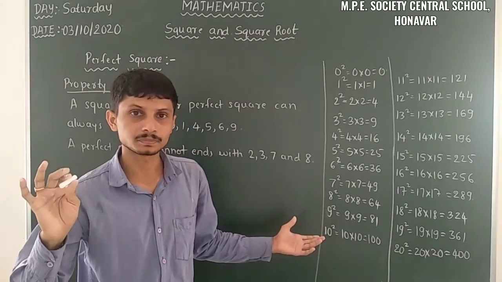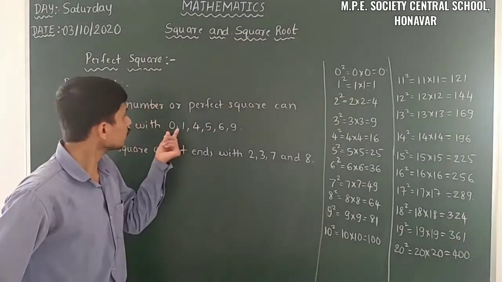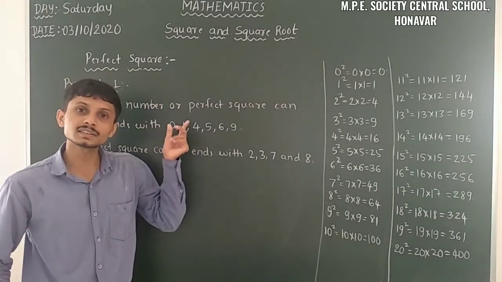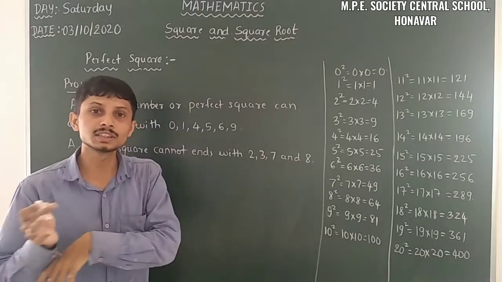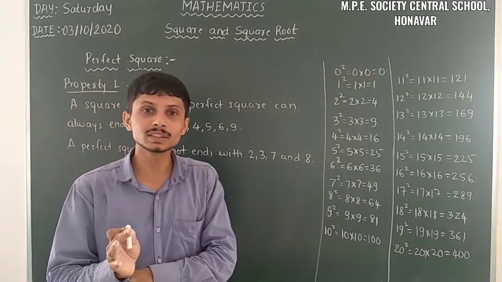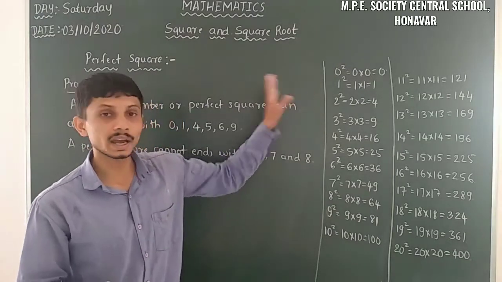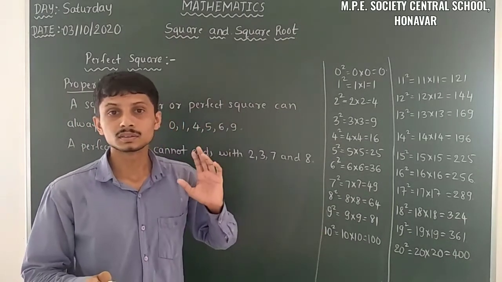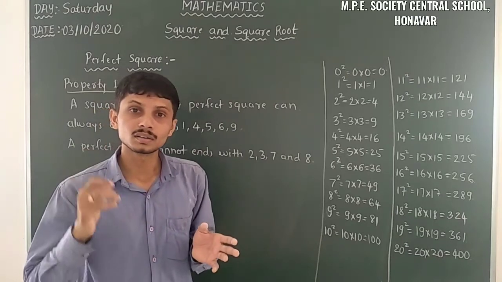Then what are the possibilities of a perfect square ending with 0? When the square number ends with 0, initially we have a 0 in the number.